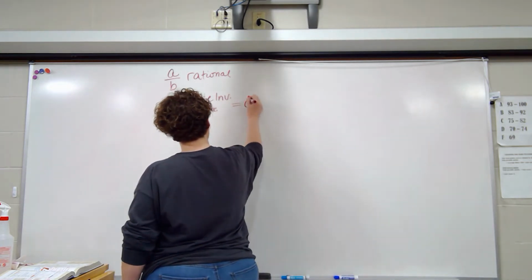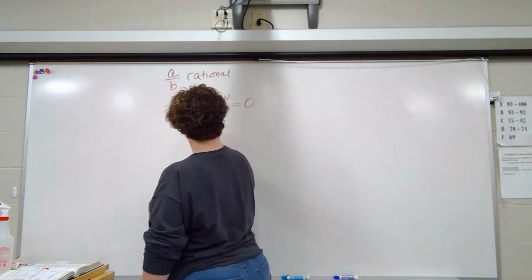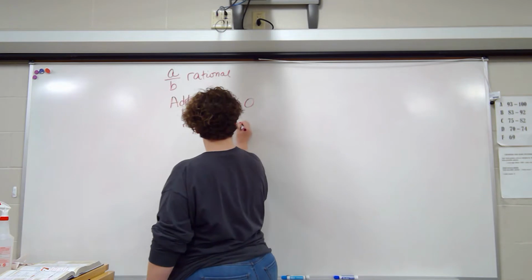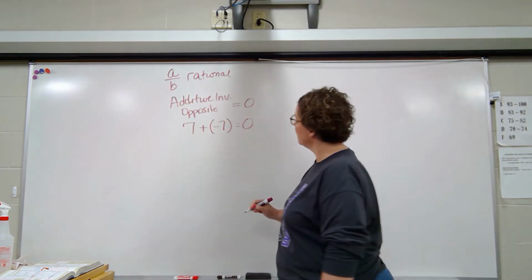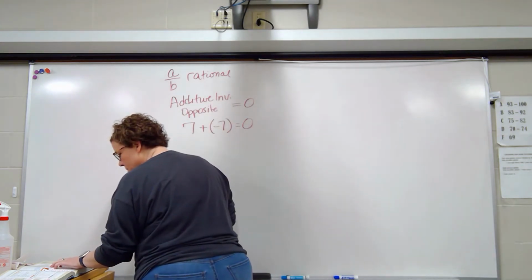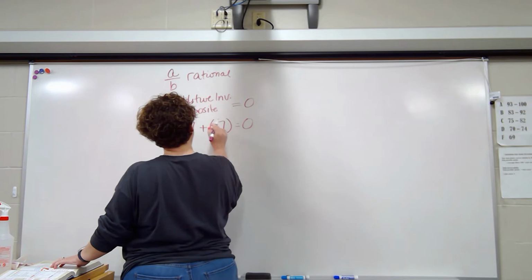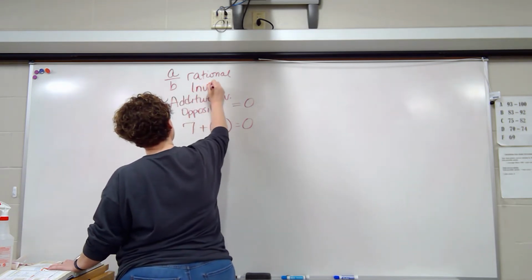These have to equal 0. So if I've got the number 7, I'm going to add its opposite to make my sum 0. Okay? The additive inverse, that's the inverse property.